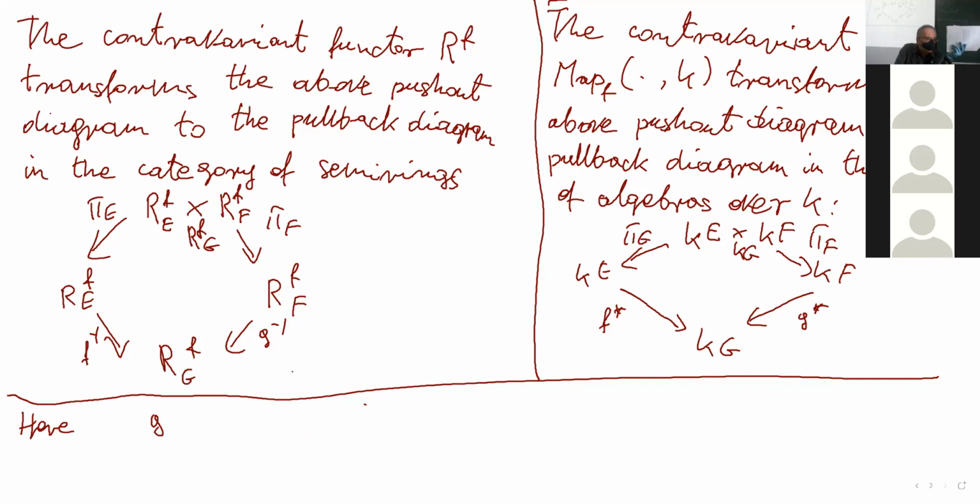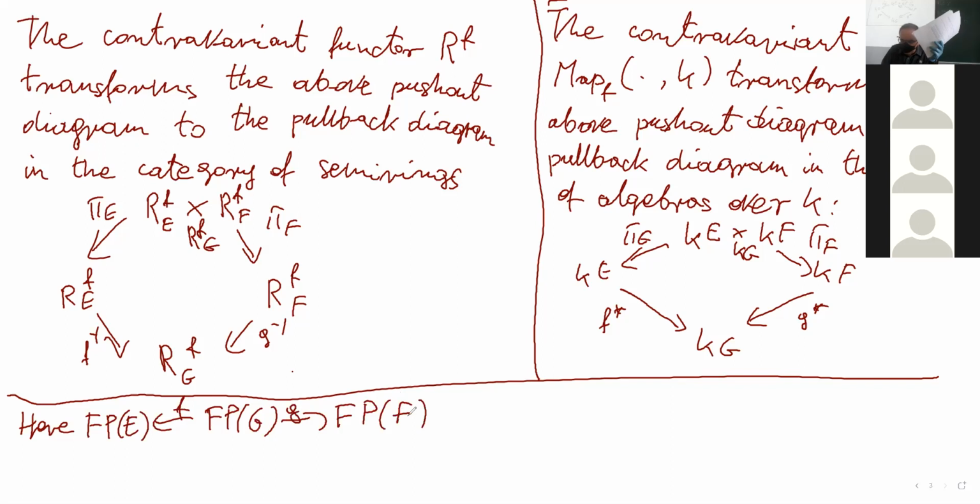We'll have maps from FPG to FPE, and this is my F, and my G goes from FPG to FPF.